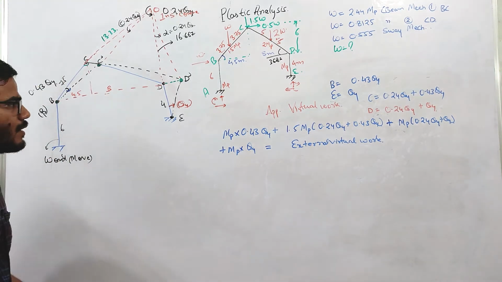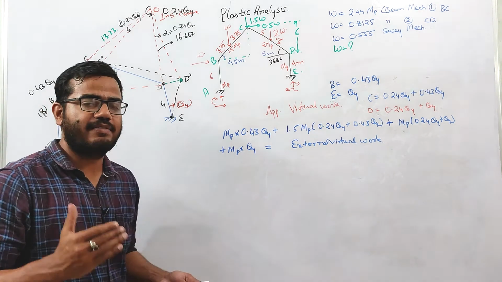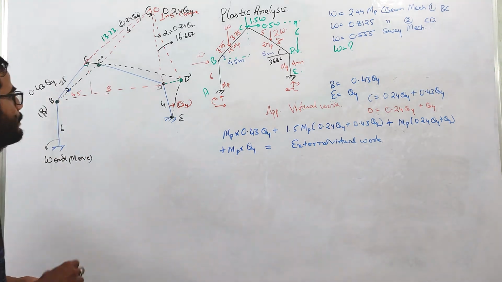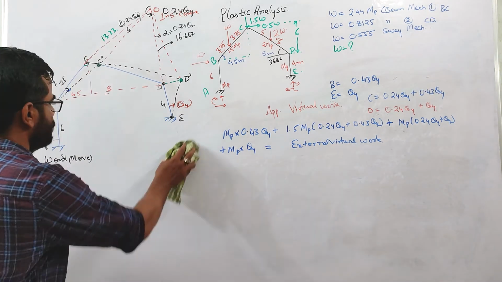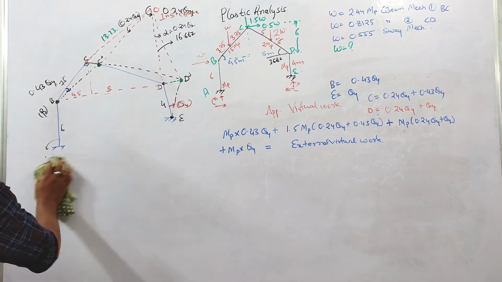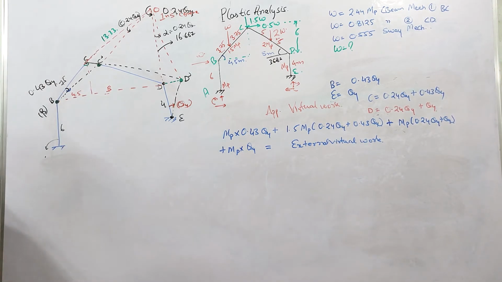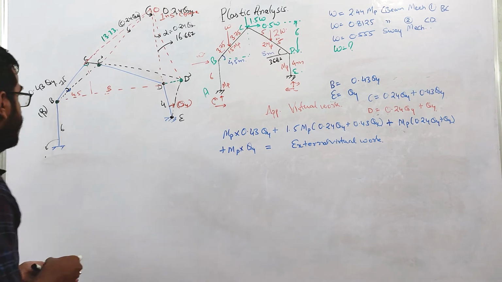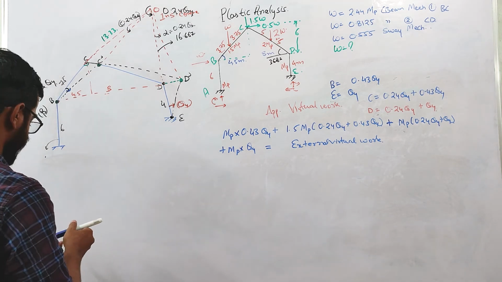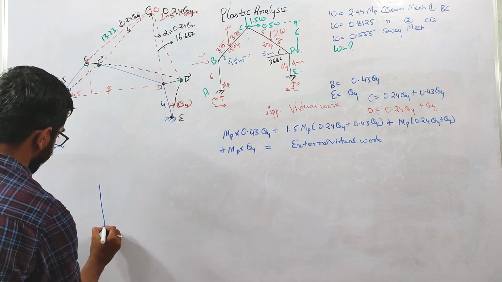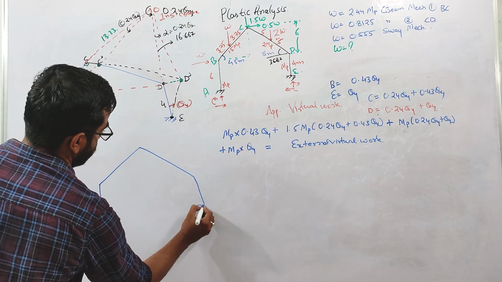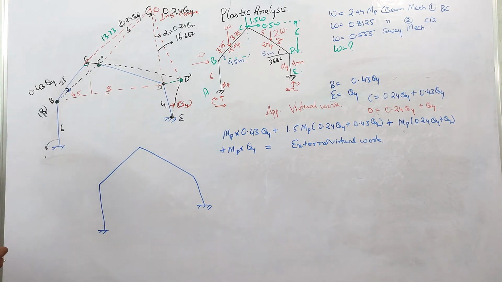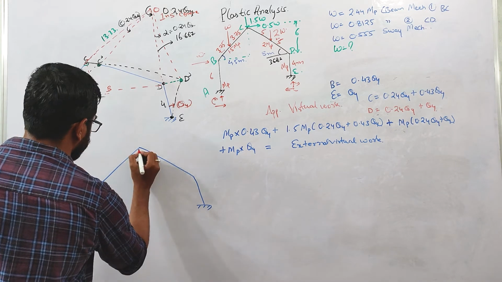Now the important step is to calculate the external virtual work over here. I hope this internal work done is clear to you. Let us draw this frame again. When the plastic hinges are forming, it is deflecting like this.